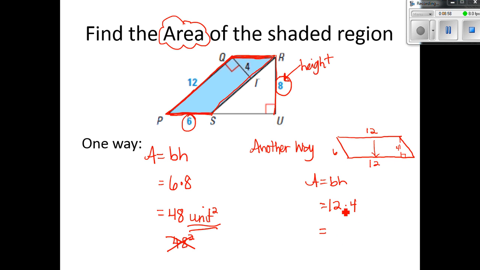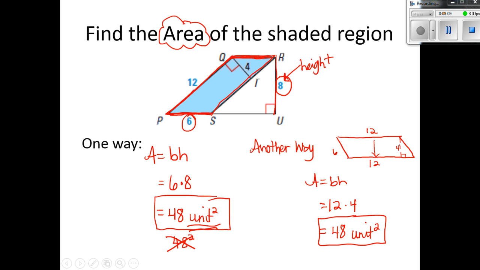Now we should get the same answer. 12 times 4 is, you got it, 48 units squared. So maybe you have a figure, but you want to find it a different way. There's lots of ways to find the answer. Maybe you just need to redraw it so it makes more sense to you.